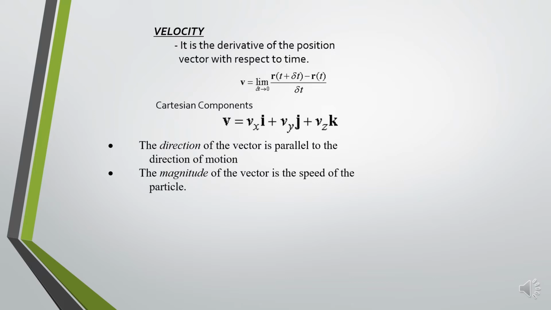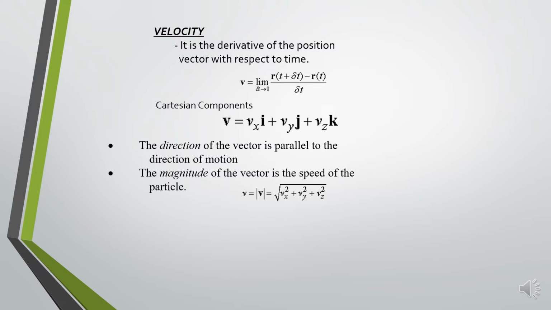The magnitude of this velocity vector can be simply found: the magnitude of the vector is equal to the square root of vx squared plus vy squared plus vz squared. Now when both position and velocity vectors are expressed in terms of the Cartesian components, it is simple to calculate the velocity from the position vector.